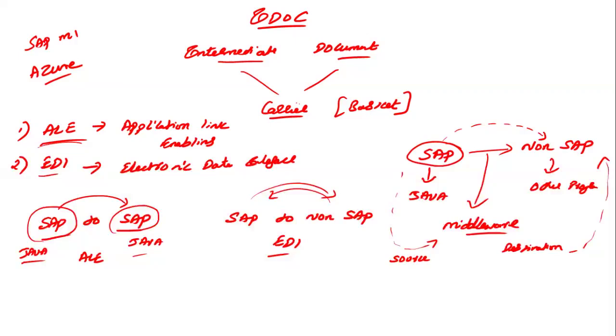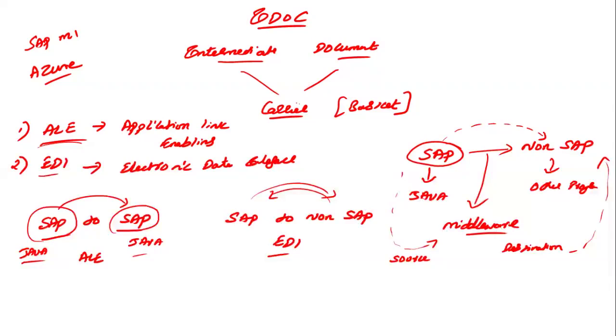In the same way, when you are receiving data, the non-SAP system will send the data to middleware first, and from middleware it gets translated to Java and then comes to SAP. So this is how IDoc is going to work, and this is how ALE and EDI are going to work.